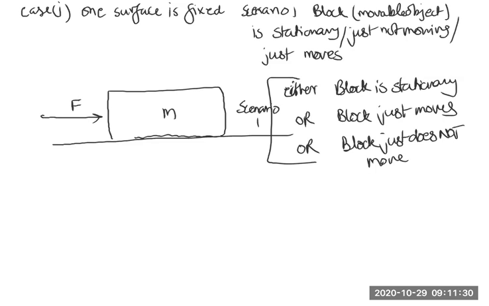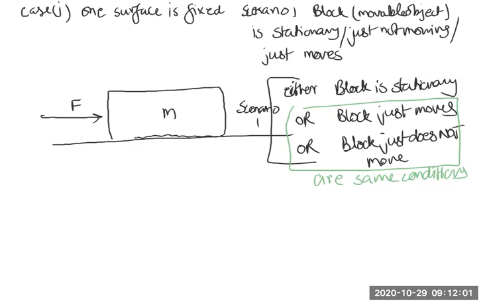And these two things are the same conditions. Right? So the block just moves and the block just does not move. ये दोनों statements सेम मैथमेटिकल कंडीशन कन्वे कर रहे हैं. ठीक है ना. अब ऐसा क्यों है ये मैं अभी बता रहा हूँ, but this is something that you have to digest.